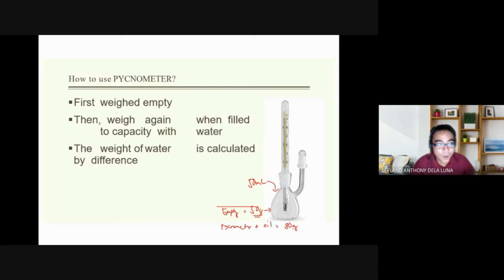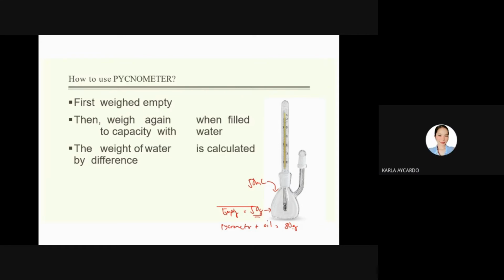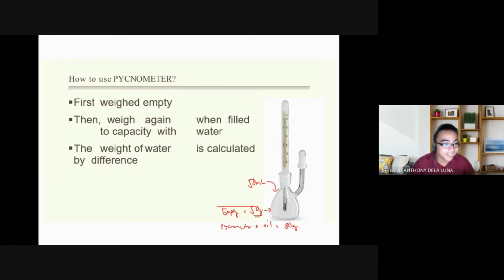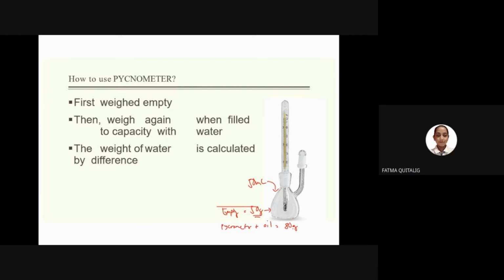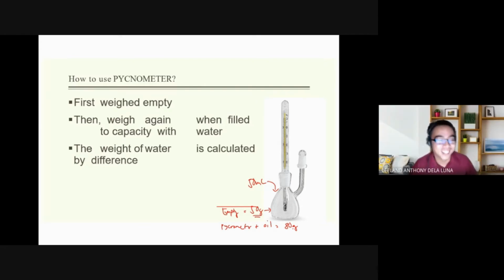So obviously, class, what is the weight of my oil? What's the weight? 30. Is it 30 or 40? It's 30. How did I get 30, class? The weight of oil is simply, how did I get it? Of course, the weight of the empty, it's called here.